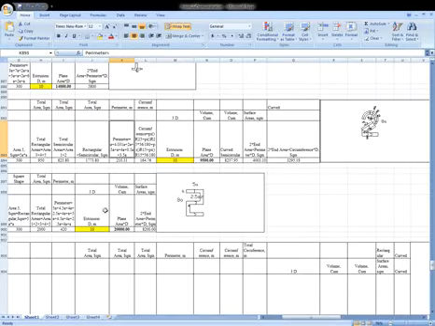So these are the perimeter dimensions. We get the perimeter and circumference also.